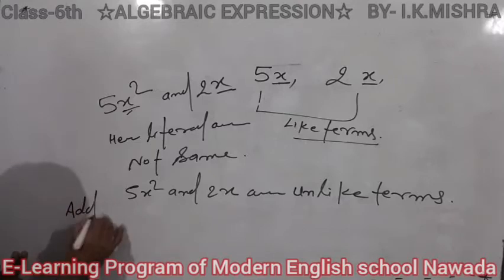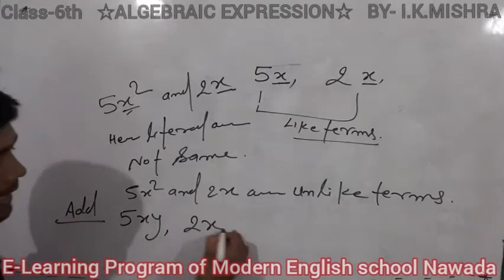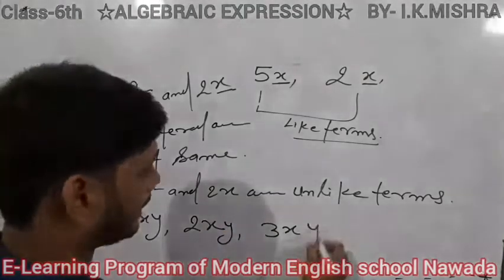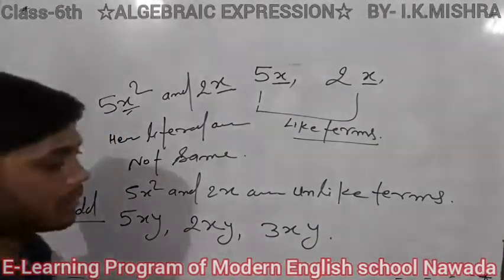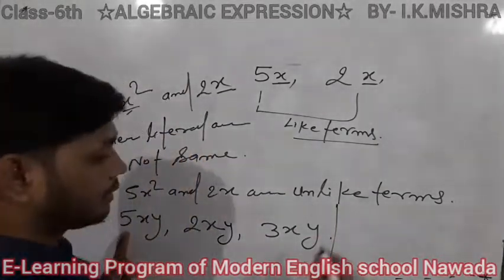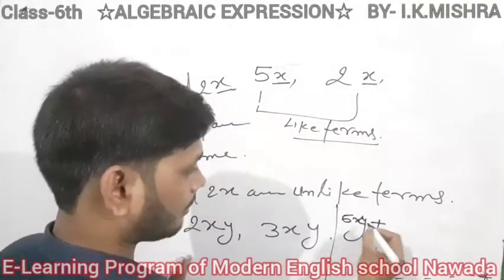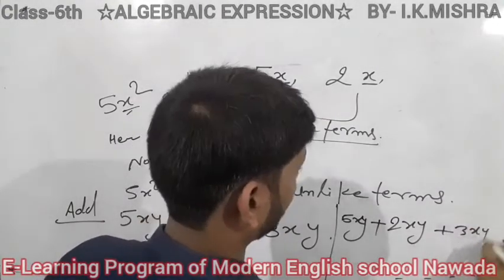Suppose here I write, add 5xy, 2xy, 3xy, and you have to add these. That means here you have to write 5xy plus 2xy plus 3xy.